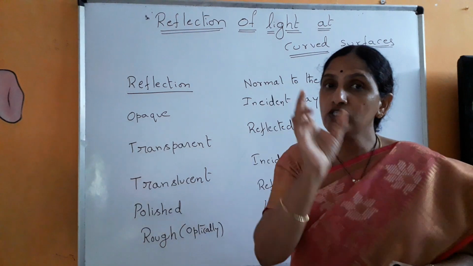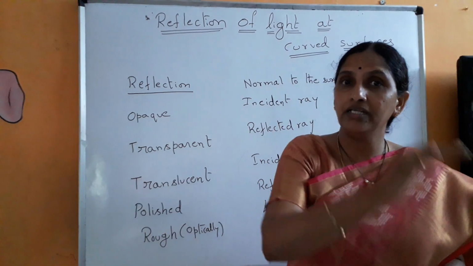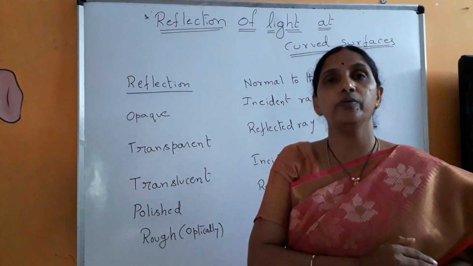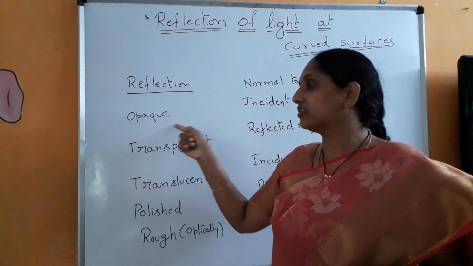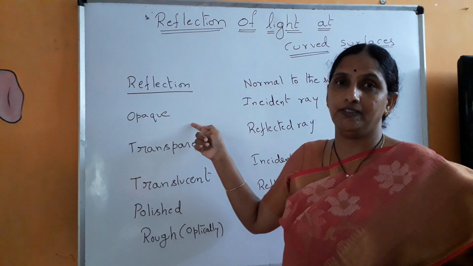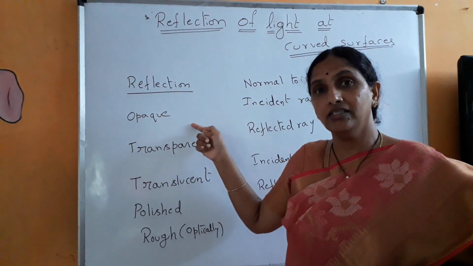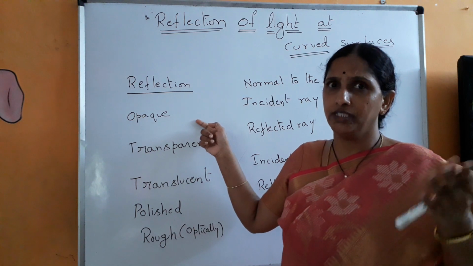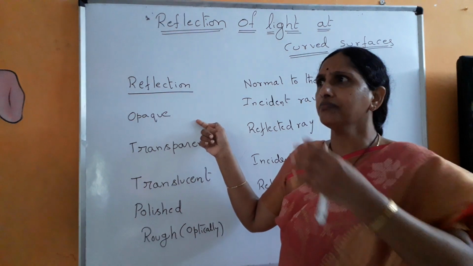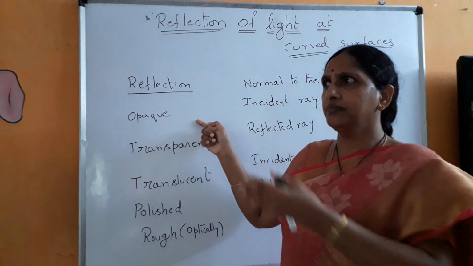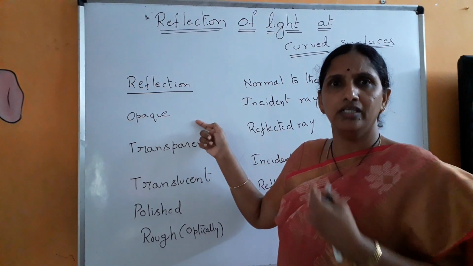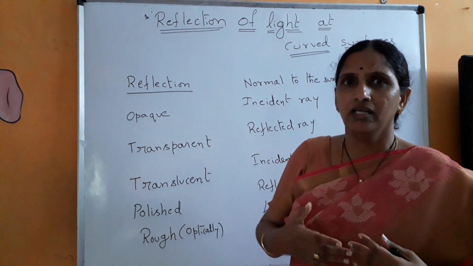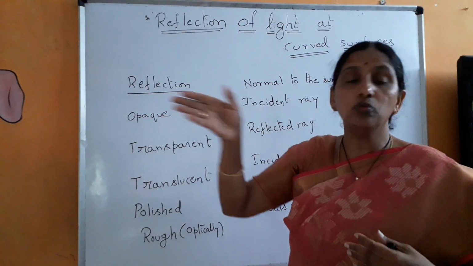That means the material or surface through which light cannot penetrate is called an opaque surface. Is that clear? Examples, you can give wood, wall, very simple. On the wall, if you focus the light, you can see that it will get reflected back into the same plane, but it cannot penetrate through the wall.